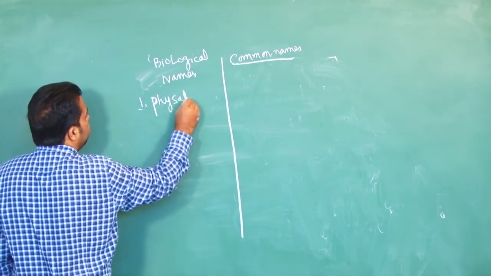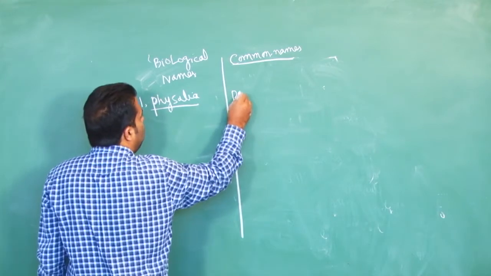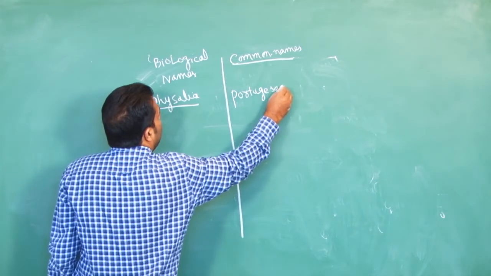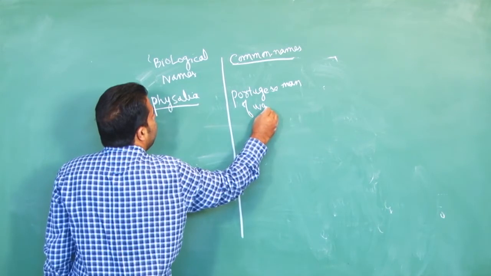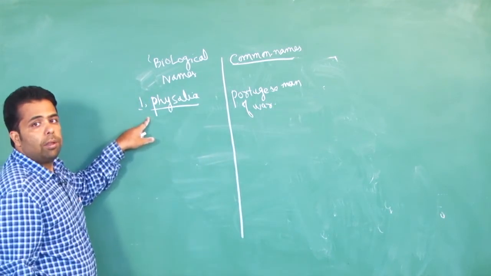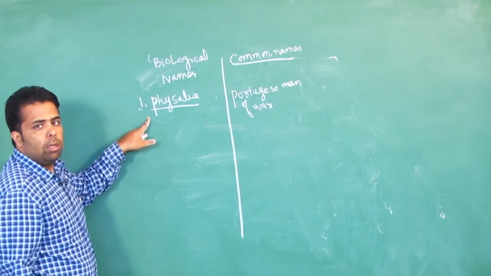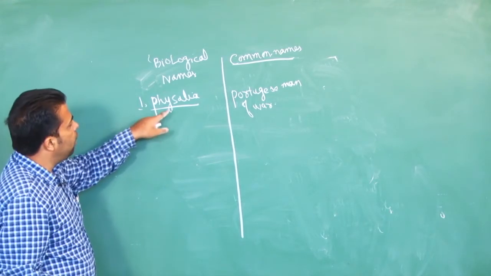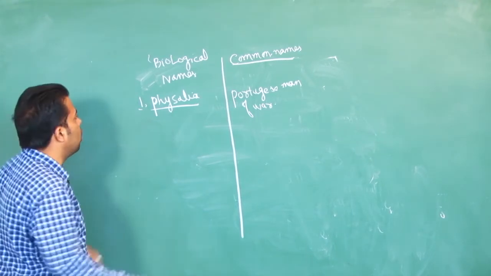Physalia is called as Portuguese man of war. This Physalia was used by Portuguese in a war because they contain cnidoblasts, that's a stinging cell, and that can kill the enemies. So this Physalia was used in some wars, that's why it's called as Portuguese man of war.